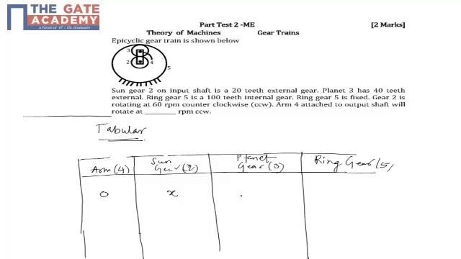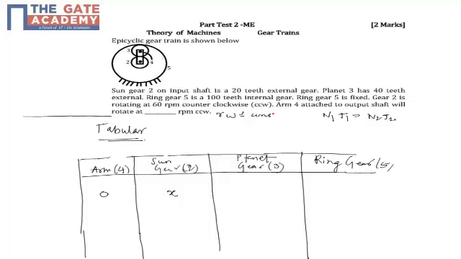So how do you find the planet rotation? For this you need to understand that n1 t1 equals n2 t2 for two gears with their axes fixed: when one rotates with speed n1, the speed n2 can be found by this formula. Even if you forget it, it is easy to obtain, because at the interface r omega is constant.